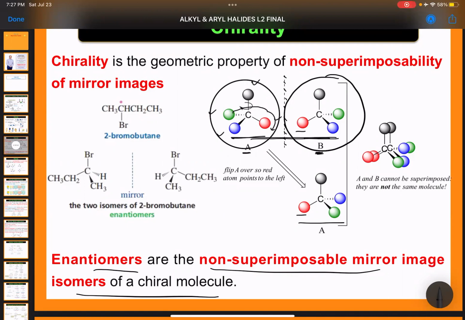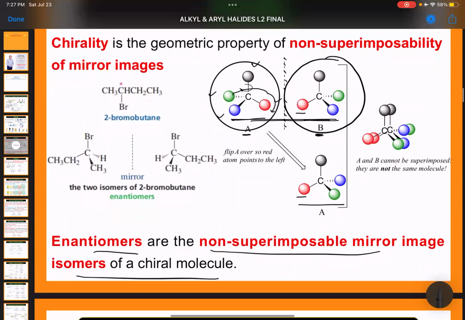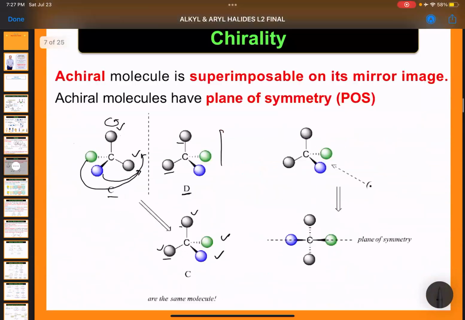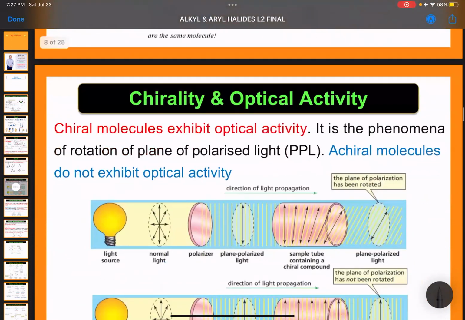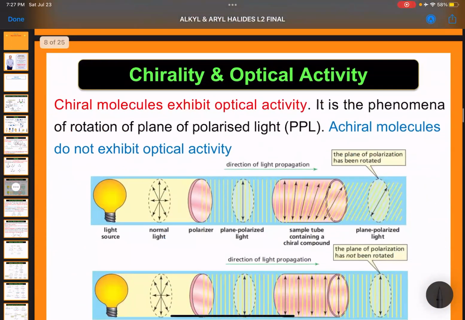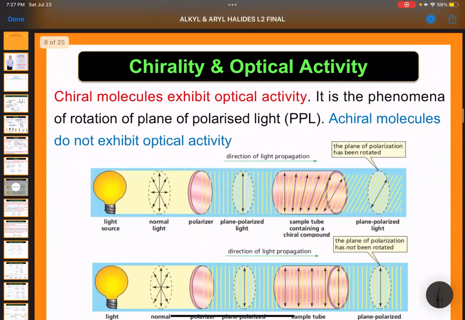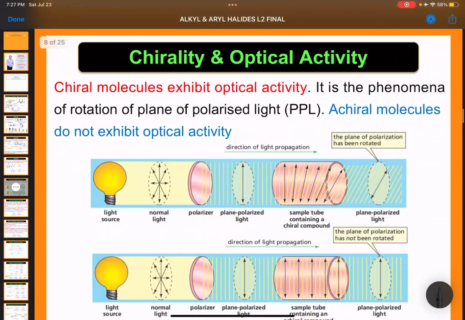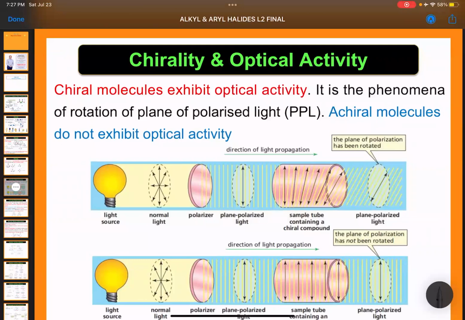Other thing is, what is the other property of chiral molecules? Tell me. What is the other property? One property is that they were non-superimposable on their mirror images.